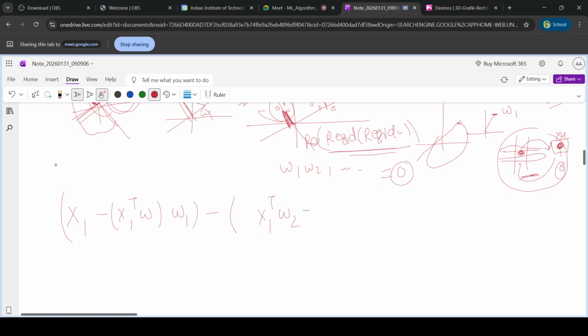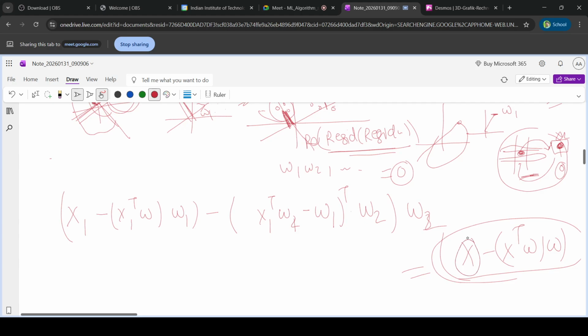I'm not talking about the first round, it's now the second round: x1 minus x1 transpose W1, so W1 into W1 transpose W2. Don't think it is just what I mentioned earlier, x minus x transpose W into W. At every W value you have to calculate this formula, so x gets replaced by your earlier residual.